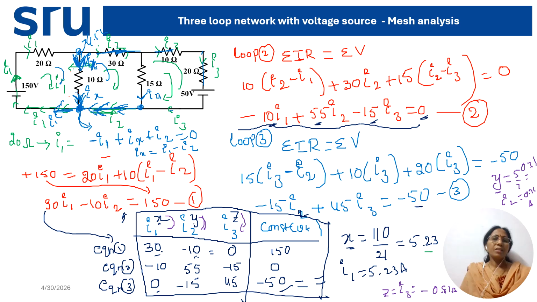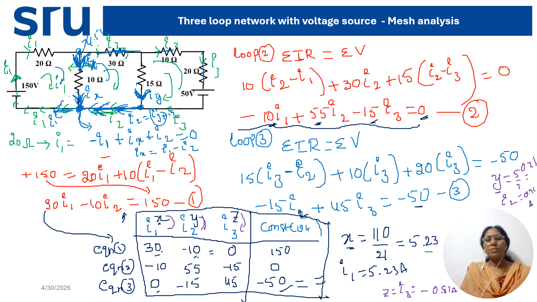Let us take the 15 ohm resistance current as Iy. I2 equals Iy plus I3. Now this Iy equals I2 minus I3. If you take this, you will get a number, and that current is flowing through the 15 ohm resistance in the downwards direction.